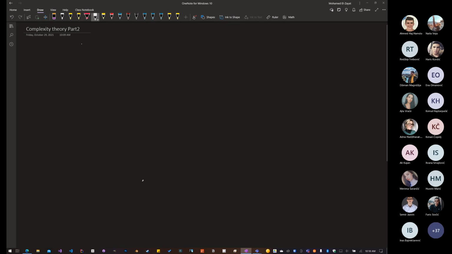So if we have a simple sum which takes an array of size n, we set the sum to 0, then we have a for loop which says i equals 0 and i is less than n, i plus plus.